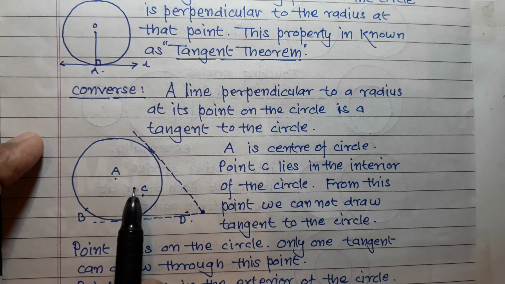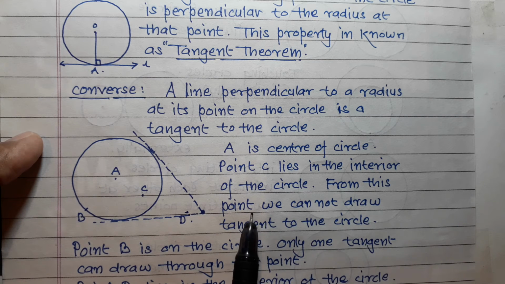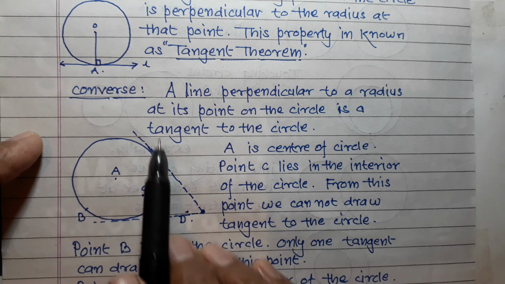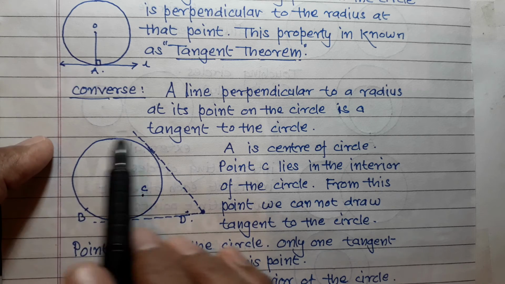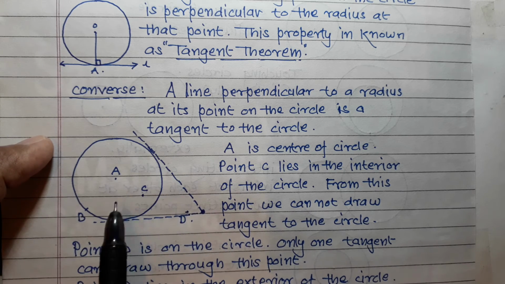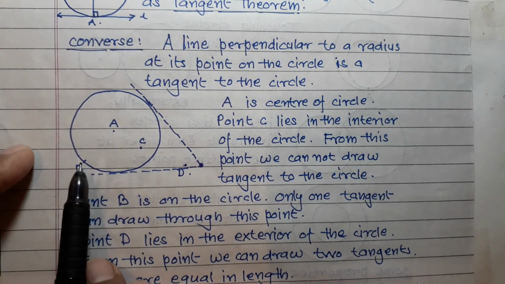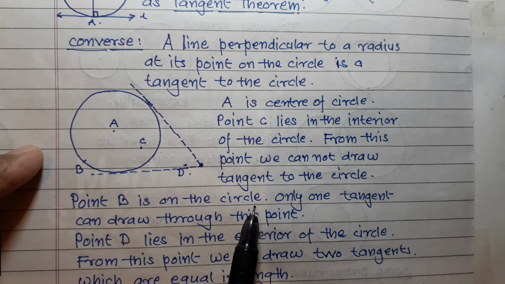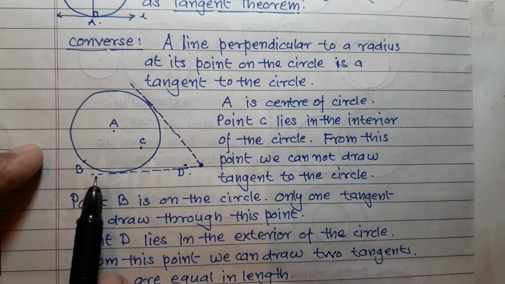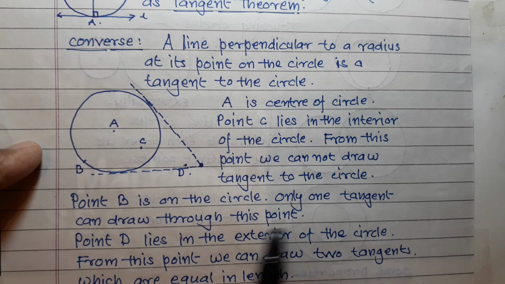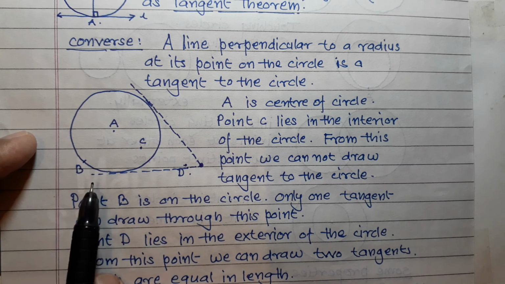So this is a point inside the circle, and from this point you cannot draw any tangent to the circle. Then point B. Point B is on the circle, and only one tangent can be drawn through this point.